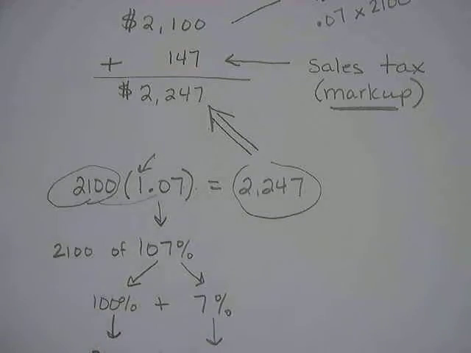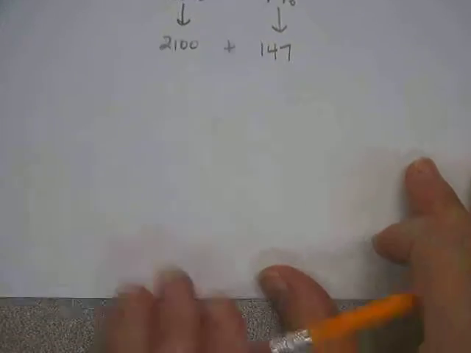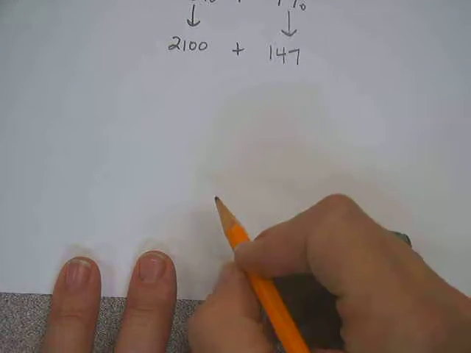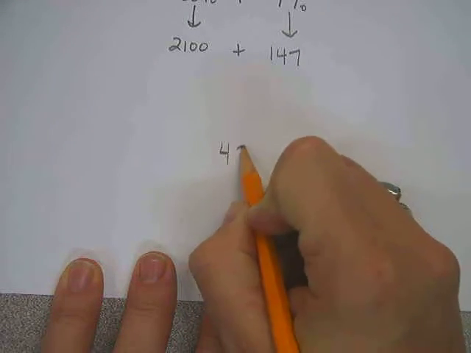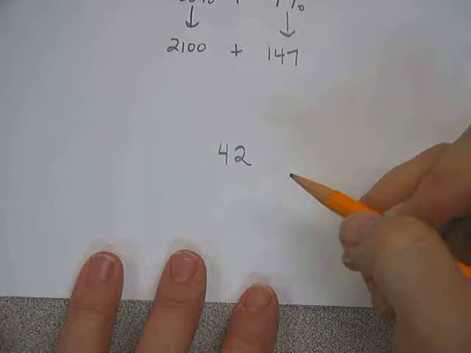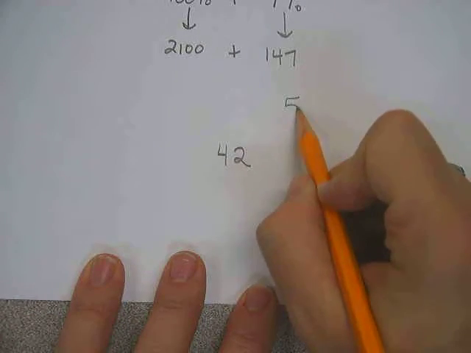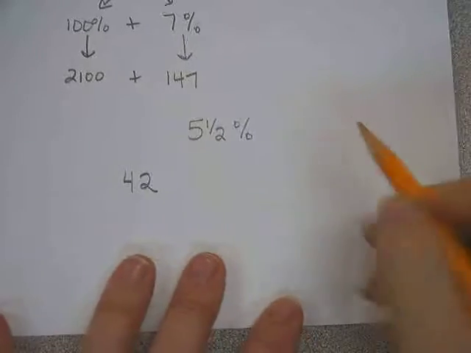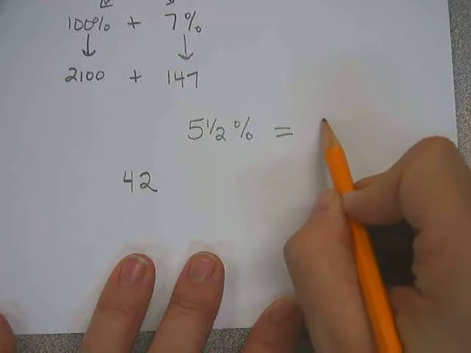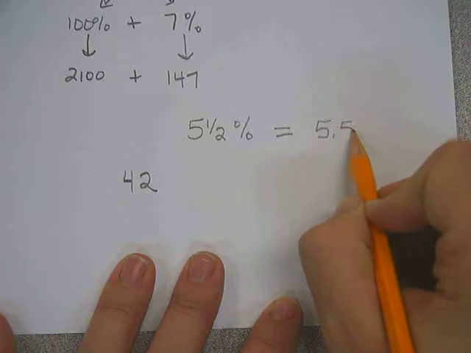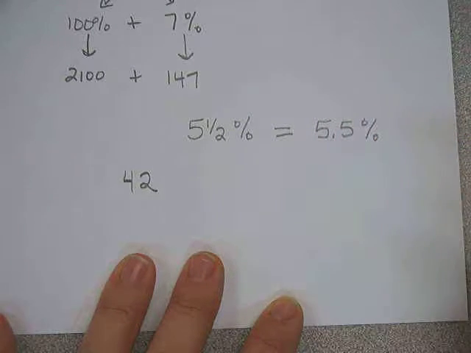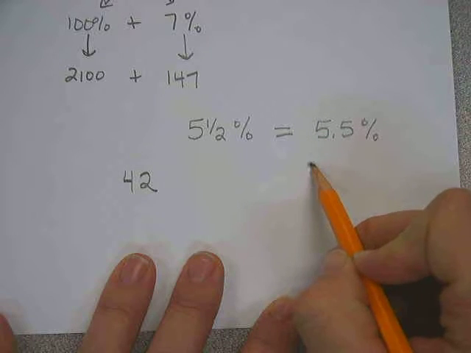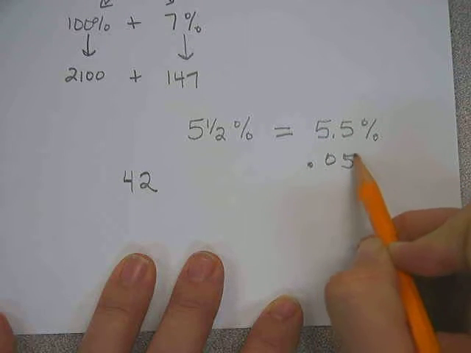On page 152, let's go to Got It question A at the bottom. It says, what is the total cost of a sweatshirt if the regular price is $42 and the sales tax is 5.5%? Well, the first thing we need to do is think about 5.5 as 5.5%. So when you turn that to a decimal, isn't that going to become 0.055?